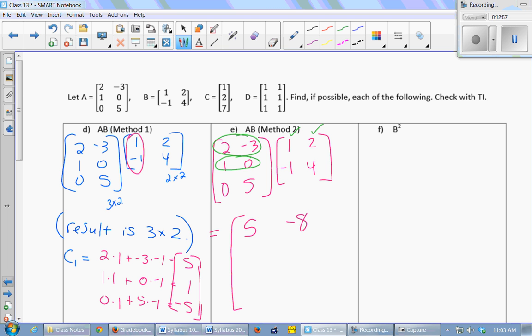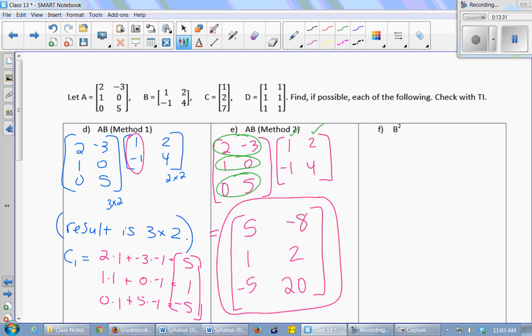So 1, 0 times 1, -1 is 1. 1, 0 times 2, 4, that's 1 times 2 plus 0 times 4 is 2. And then you move on to row 3. Row 3 times each column. Put the result in row 3. So 0, 5 times 1, -1 is 0 plus -5 is -5. And 0, 5 times 2, 4 is 20. So there's our resulting matrix.